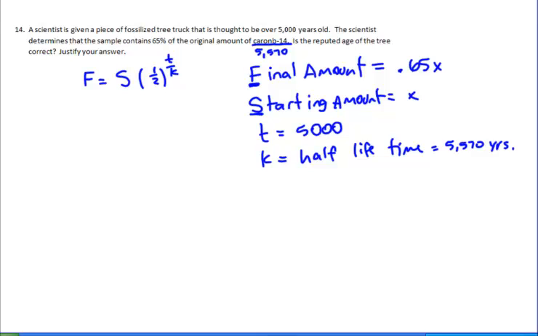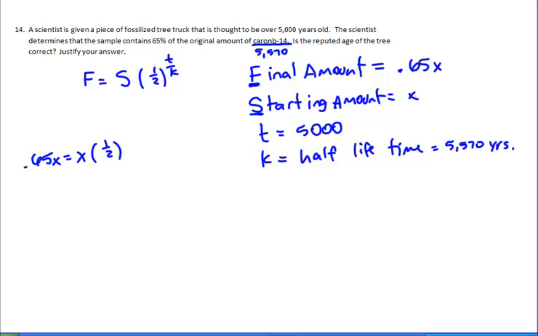So we've got everything we need except for x. And we're looking for x to make sure that the starting amount is a number that makes sense. So we can set all of this up. 0.65x equals x times 1/2.